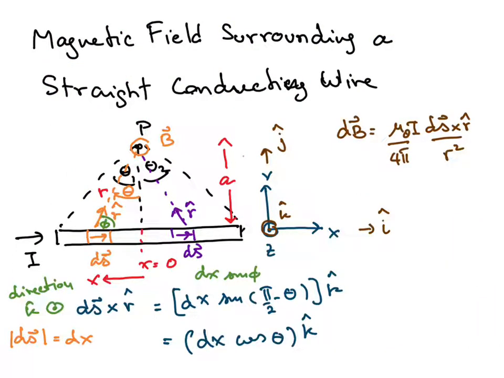Here, x is the position of the segment of the wire, and we define x equal to 0 as the point when we draw the line from P perpendicular to the wire. So the position of this segment is measured from this reference position x equal to 0, and this is the position x. You can see that for the wire segment here, x is negative, and for the wire segment here, x is positive.